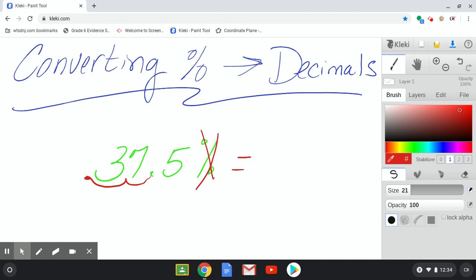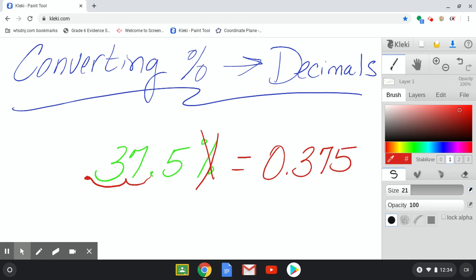So 37.5% becomes 0.375. Okay, so pretty simple. Wherever your decimal is, 2 places to the left, drop your percent sign. If your percent does not have a decimal, it's always at the end.